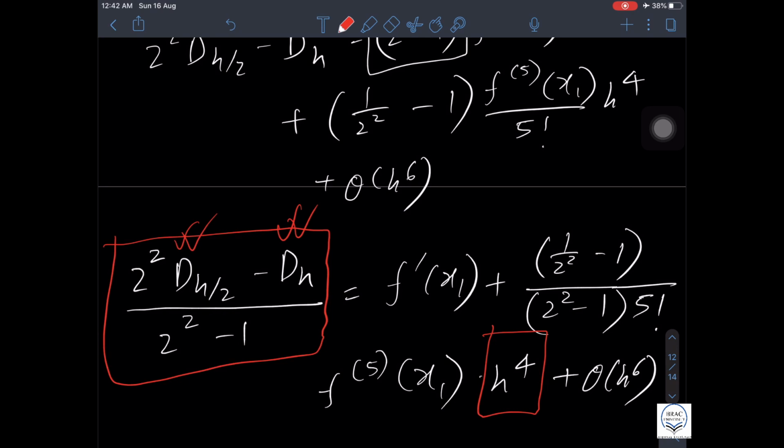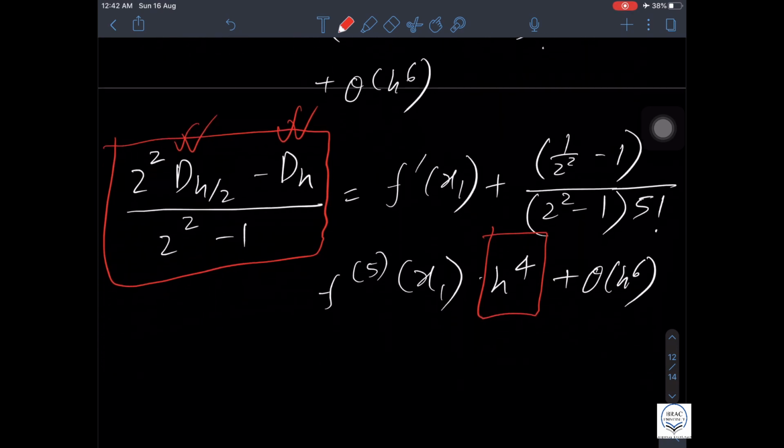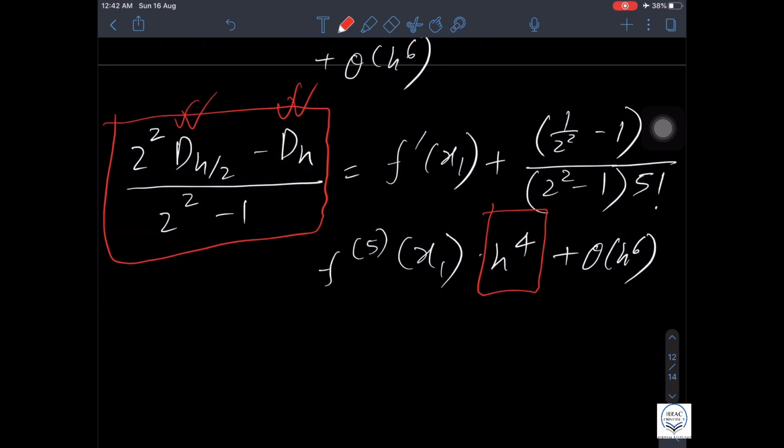Obviously you can make it better, because let's define this red box as d_h^1. Okay, so now you can take again d_{h/2}^1, and then you can calculate again. You can take a combination in such a way that this h to the power 4 term goes away, and whatever is left will have an error of order h^6.